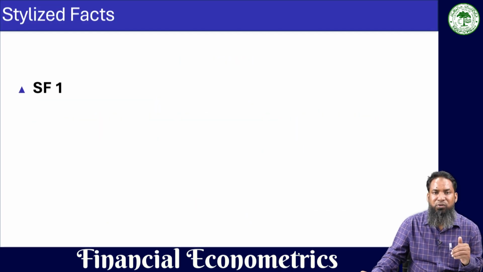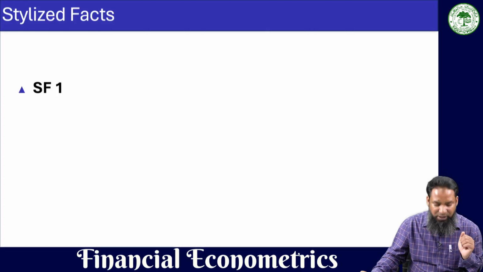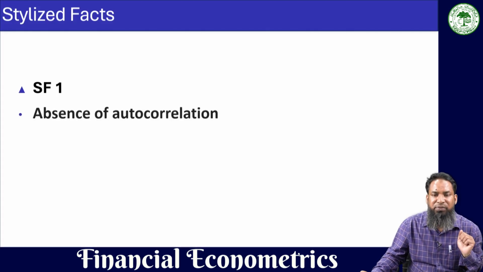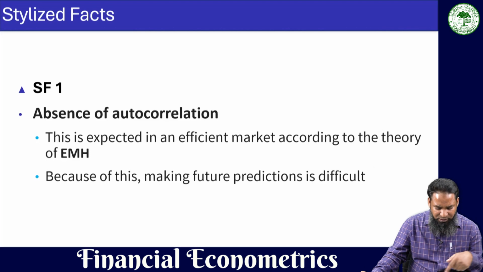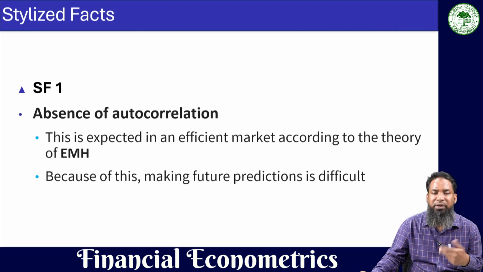So let us first look at the first stylized fact. The first stylized fact says that there will be absence of autocorrelation, and because of this characteristic we have the efficient market hypothesis. Because if there is no autocorrelation, we cannot use the previous prices to predict the future price, and this makes future prediction difficult.